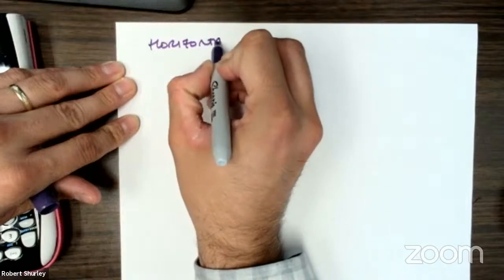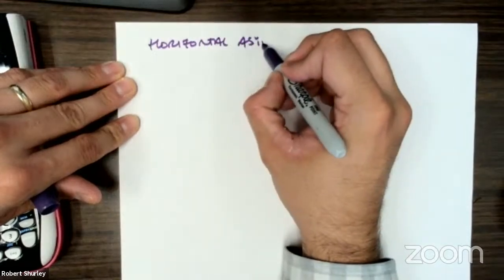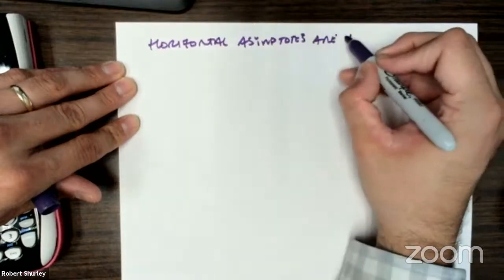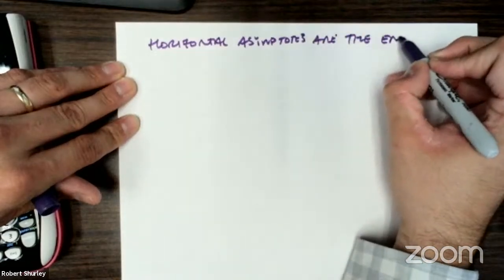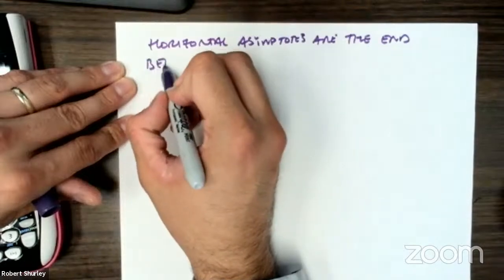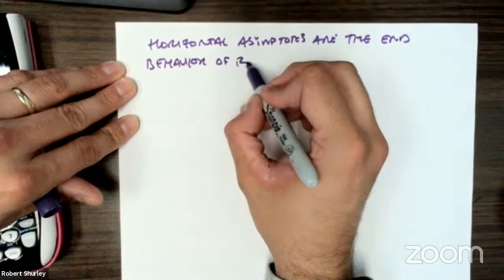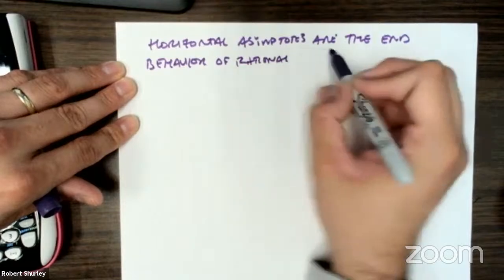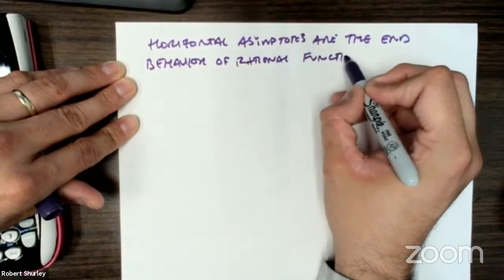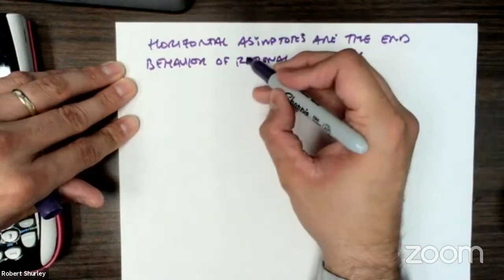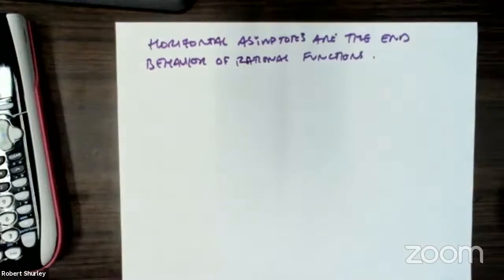Horizontal asymptotes are the end behavior of rational functions. Now, sometimes rational functions don't have horizontal asymptotes, and that's fine, but they are the end behavior of rational functions.